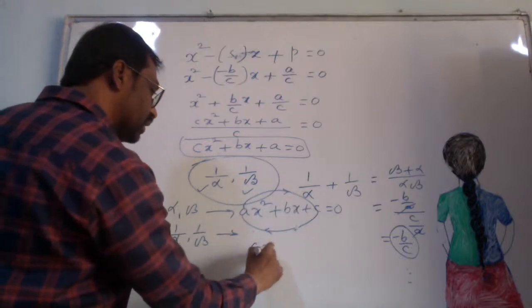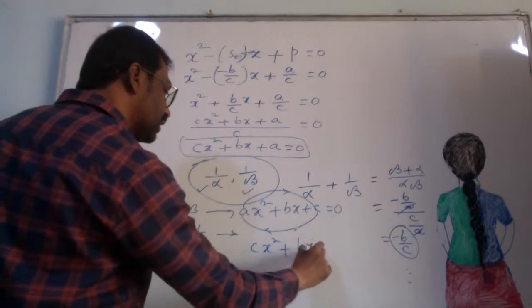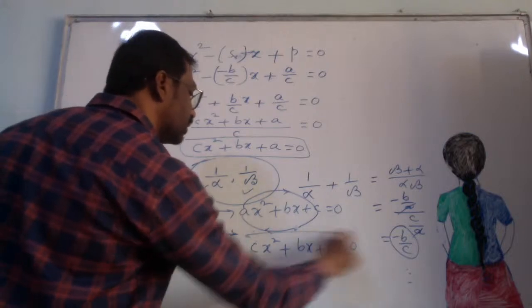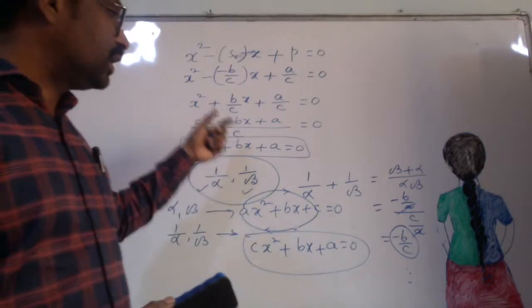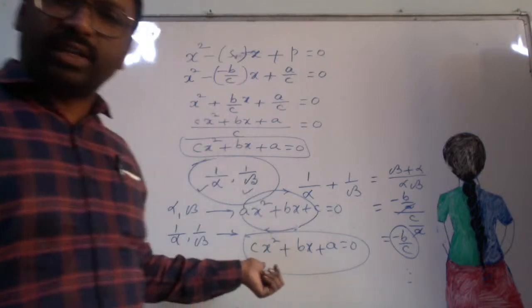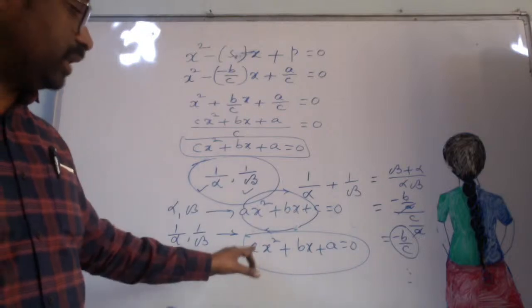Then you get cx square plus bx plus a equal to 0. So in an MCQ question, without calculating, you can write the answer easily by keeping this point.